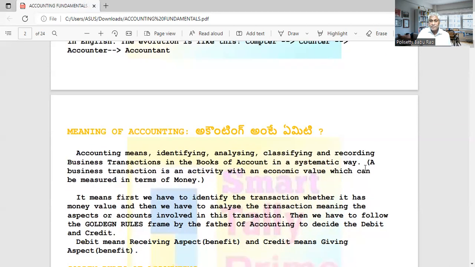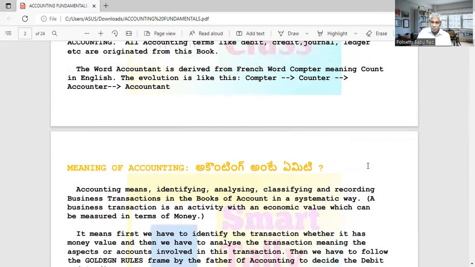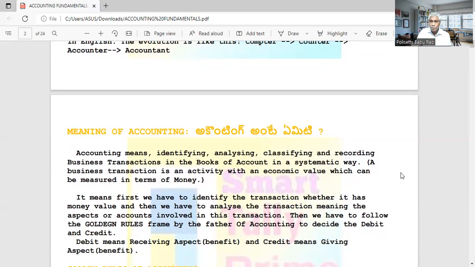For example, we are purchasing goods. For purchasing goods, we went to the seller by auto. We will pay the auto fare, and that is money only. That is why traveling to the place by auto and paying the money is called traveling expenses. It has economic value and it is paid in money, so it can be measured in terms of money.